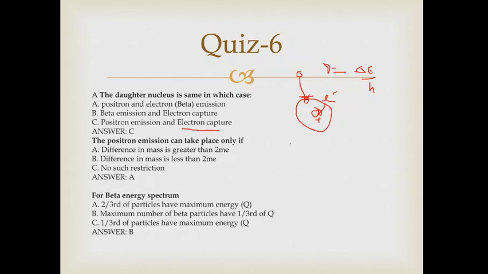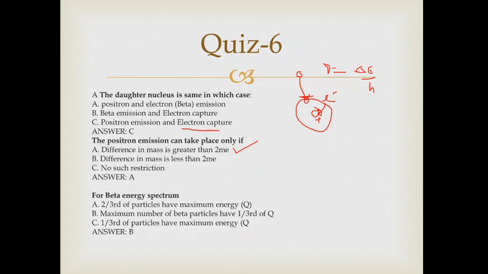So normally electron capture is always accompanied by a gamma emission, because this energy falls under the gamma rays energy spectrum, and during the positron emission you don't have any gamma emission or electromagnetic emission. So that is the only way you can differentiate whether the daughter has arrived through the electron capture route or the positron emission route. Positron emission can take place only if the difference in mass is greater than 2 MeV. This is the correct answer.